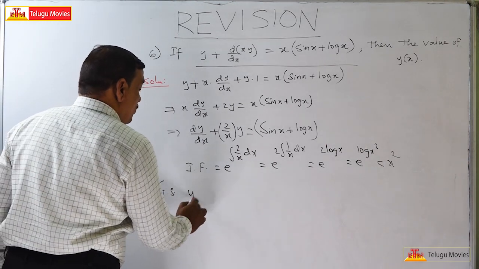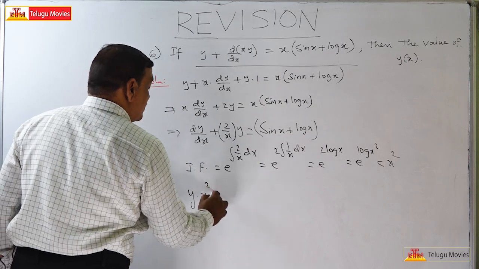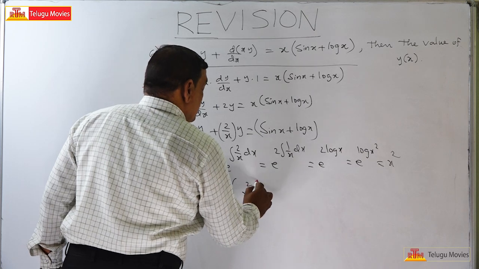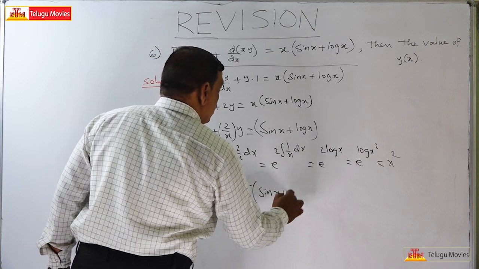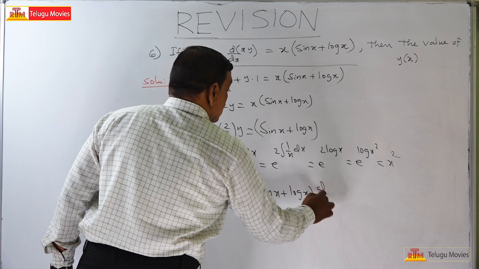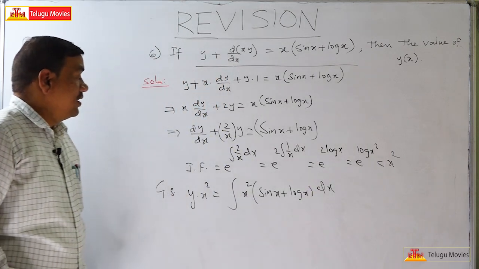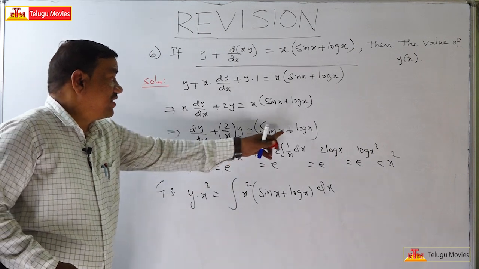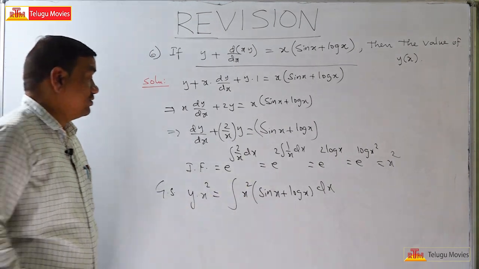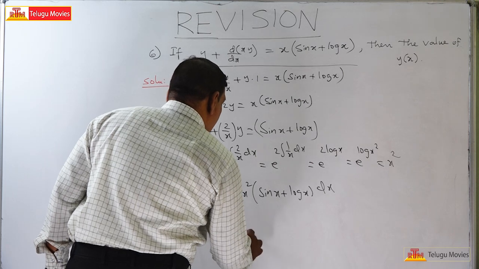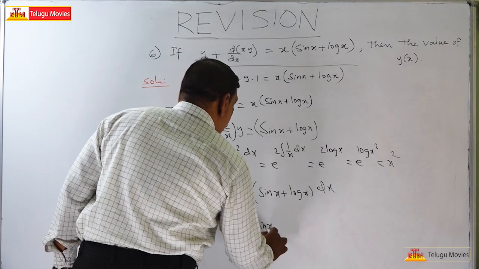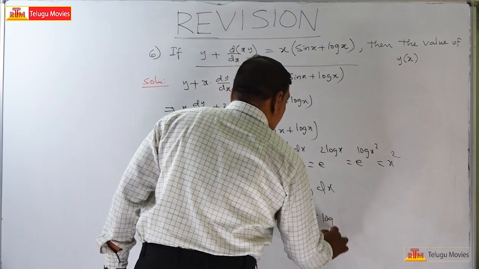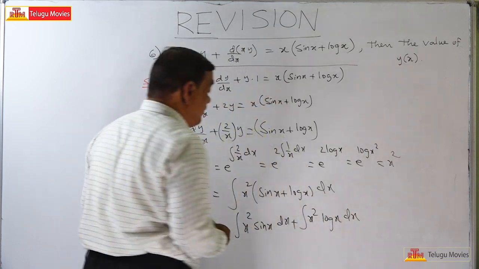The general solution is y into the integrating factor x square is equal to the integral of the integrating factor x square into sin x plus log x dx. So this is equal to the integral of x square into sin x dx plus the integral of x square into log x dx.